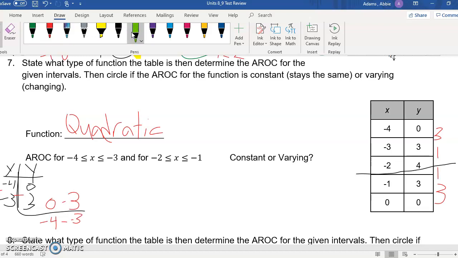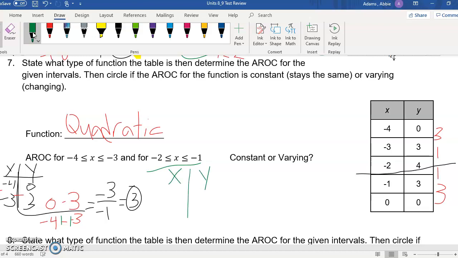Going back to basic integer rules, when you subtract a negative, it's the same thing as adding a positive. So 0 minus 3 is -3, and -4 plus 3 is going to give me -1. This will simplify to +3 for that interval. Let's look at the average rate of change for the interval from where x is -2 to where x is -1.